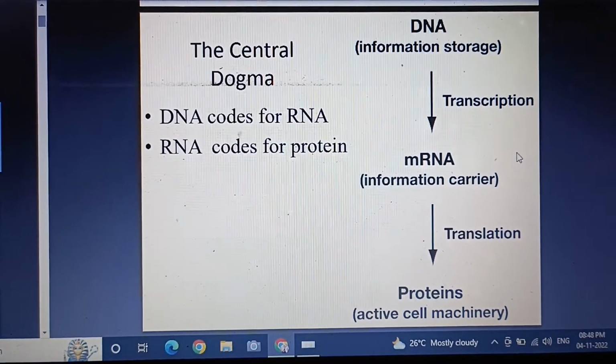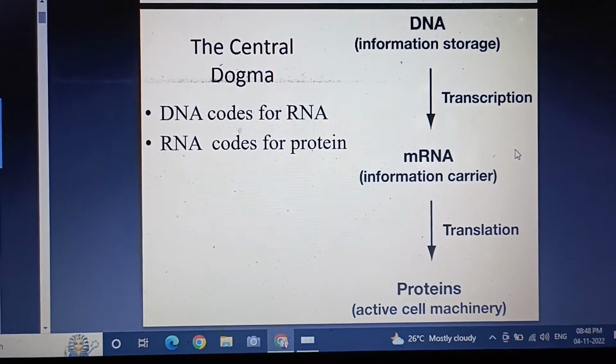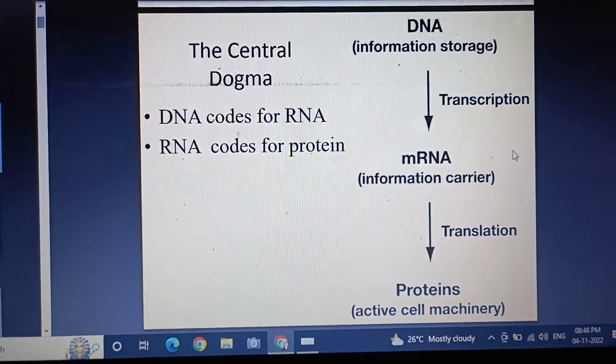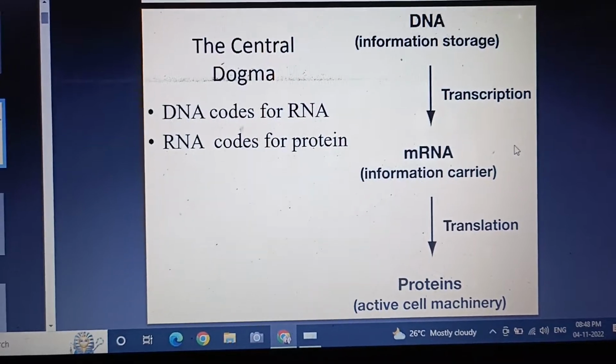So what is transcription? As I told you already, transcription means you're just copying information from one to another.